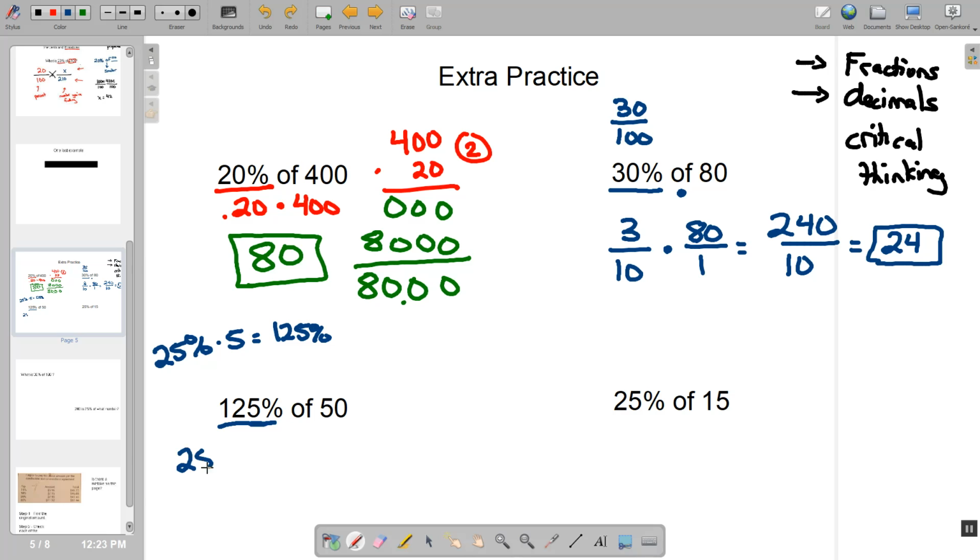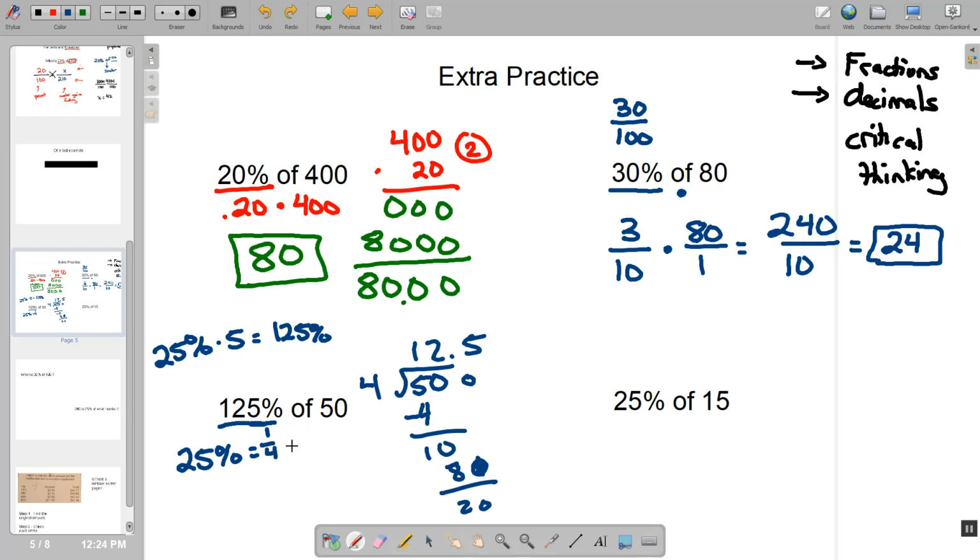So 25% is equal to a fourth. So I'm going to do 50 divided by 4, which will give me 12 and a half. Okay?